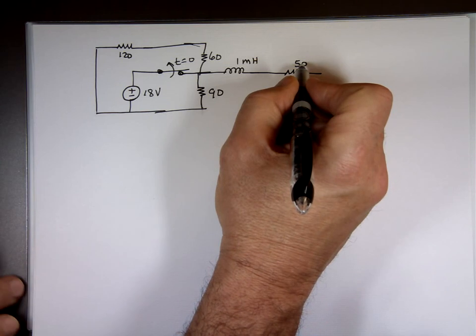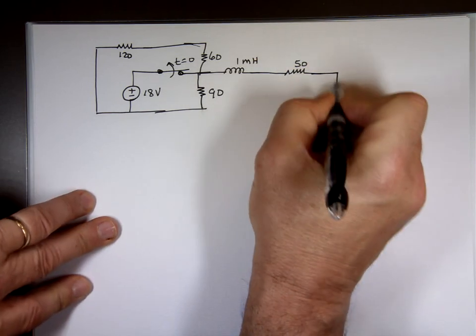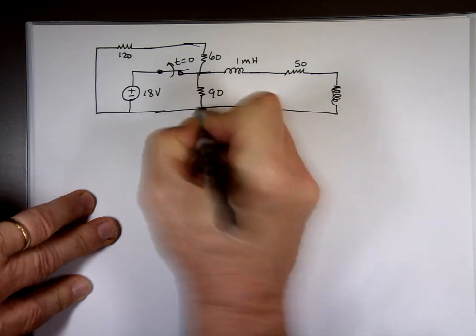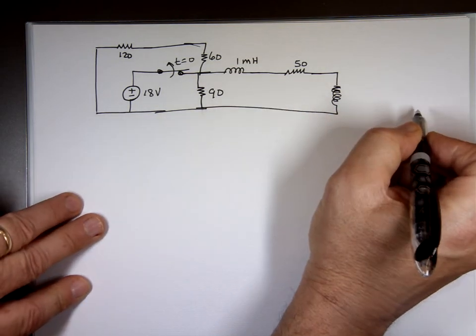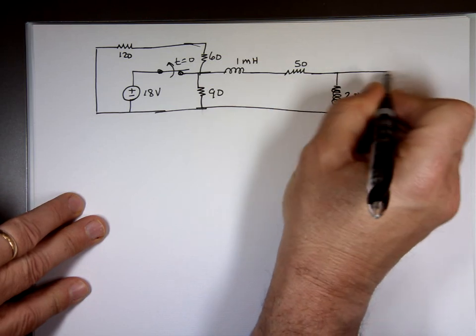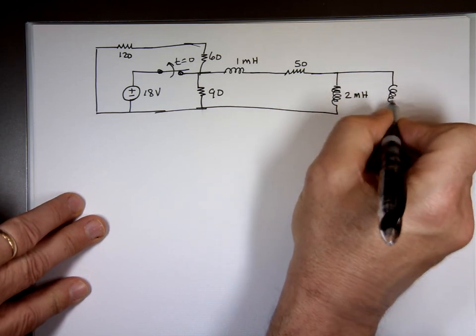Oh, let's put another inductor here. 2 millihenry. Oh, we could. Let's put another inductor here. 3 millihenry.